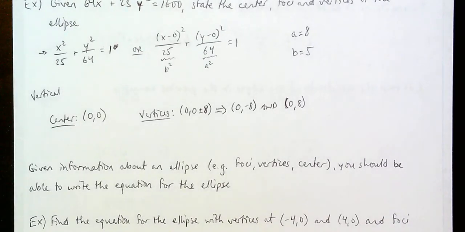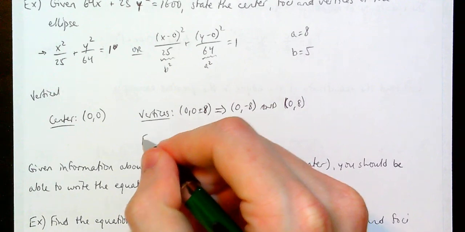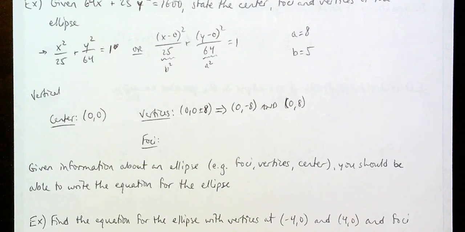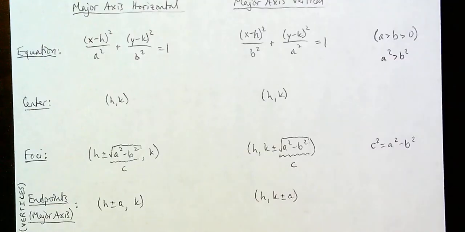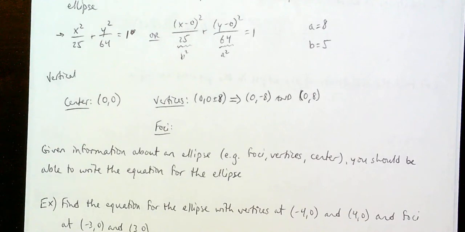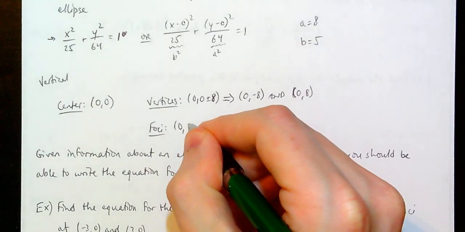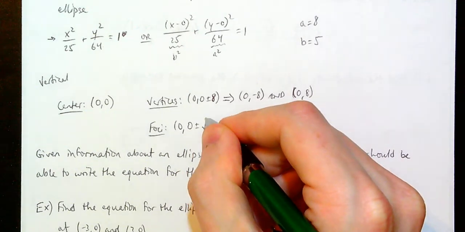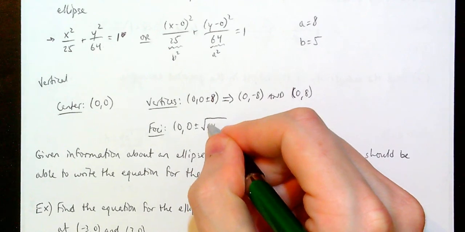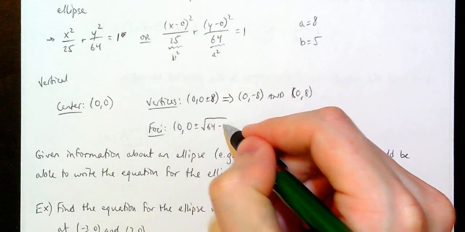The other thing we need is our foci. Looking back at our formulas for a vertical major axis, the foci are h, comma, k plus or minus the square root of a squared minus b squared. So it's going to be 0, comma, 0 plus or minus the square root of a squared, 64, minus b squared, 25.